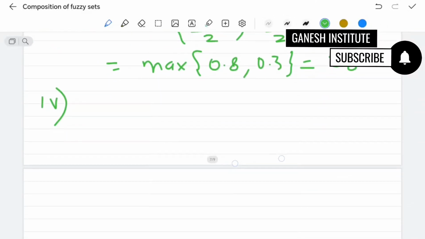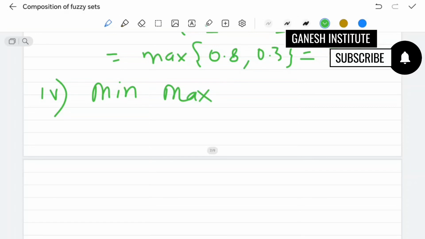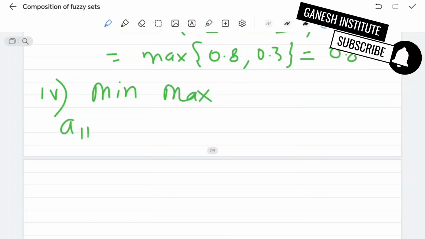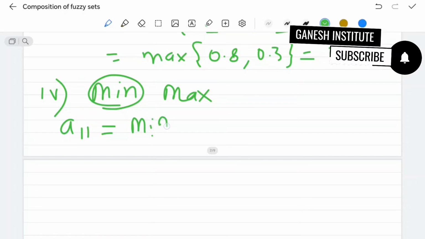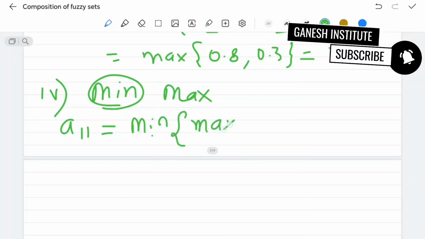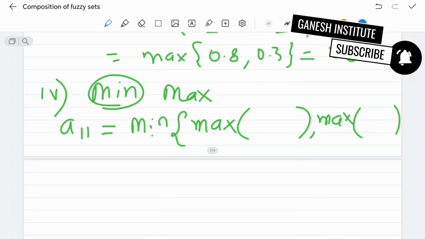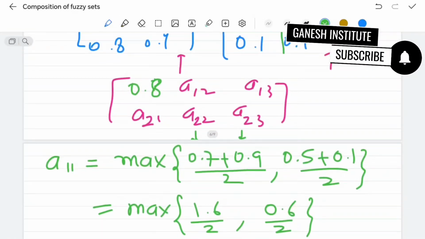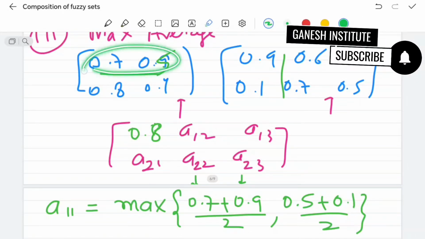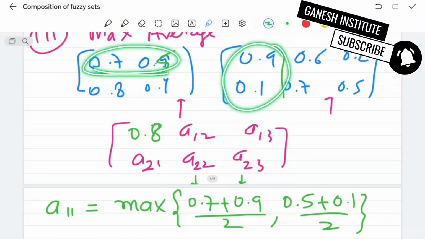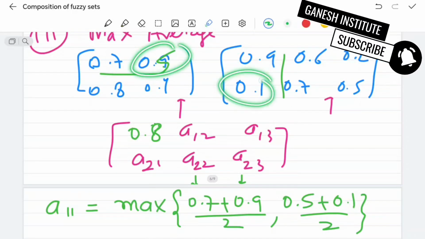So for minimax, what I'm doing, again first row first element, but the outer composition is minimum of maximum of first row, first column. Can you see, this is first row, first column, 0.7 goes with 0.9 and 0.5 with 0.1.